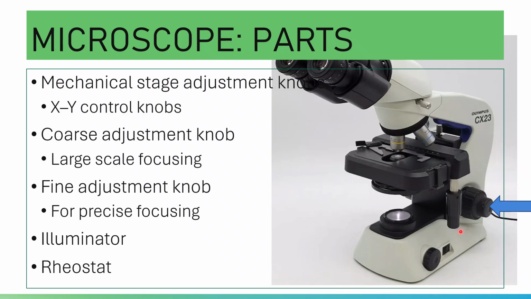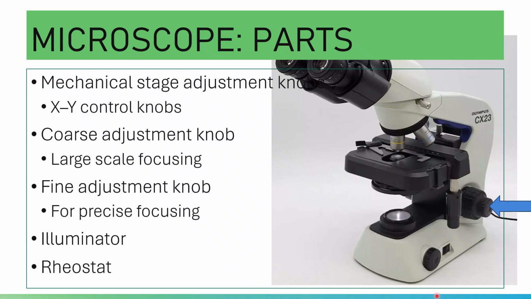This is the X knob. So your X and Y axis knobs are for left and right and forward and backward movement respectively, X and Y.